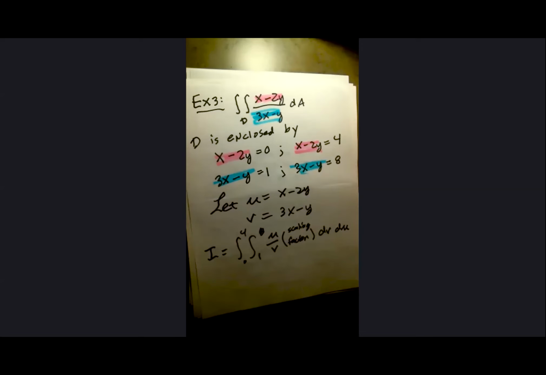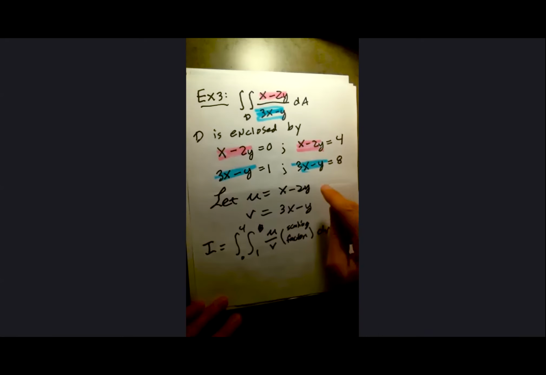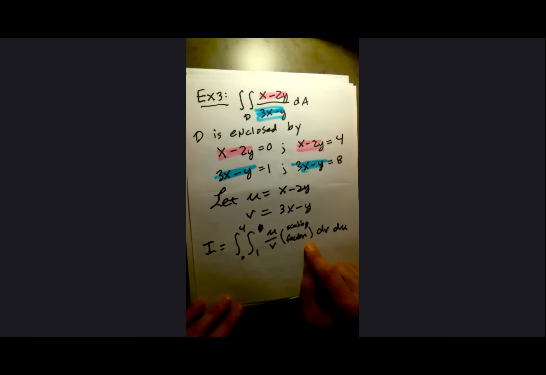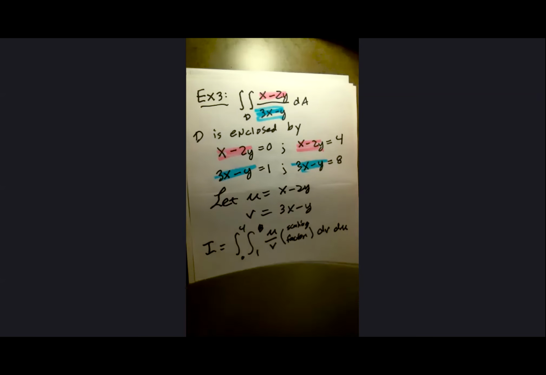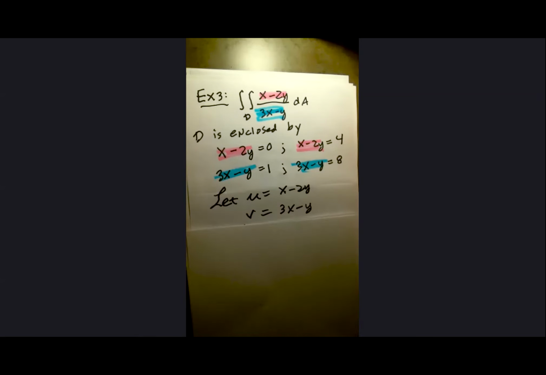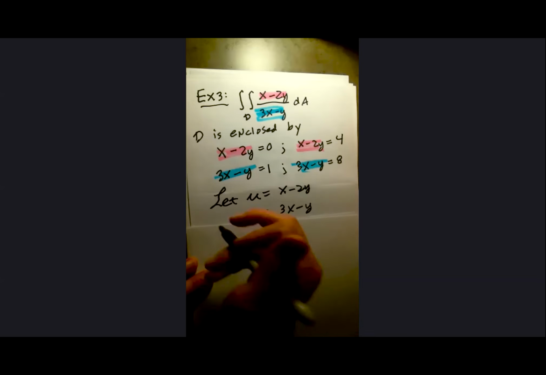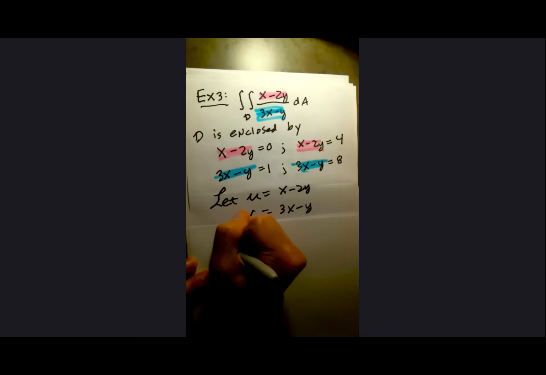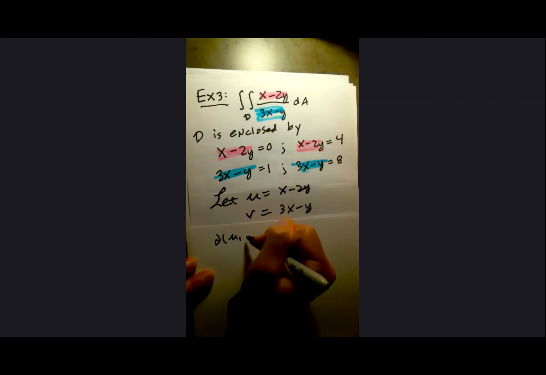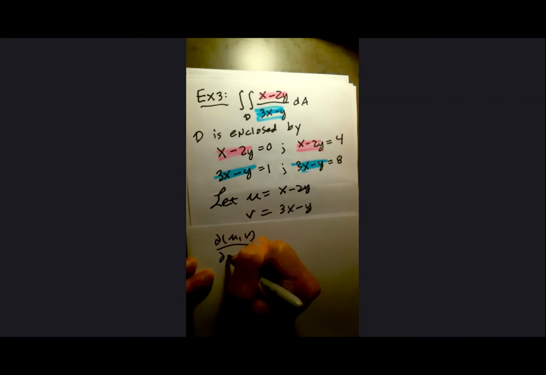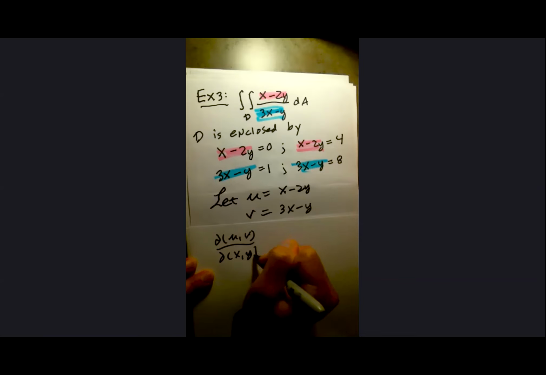So you may recall this was our example 3 from yesterday. Kind of the same thing is going on, where we set up a u and a v, and now we simply need to find that scaling factor. And so if we want to find the scaling factor, we're going to need to find the Jacobian of uv with respect to xy.